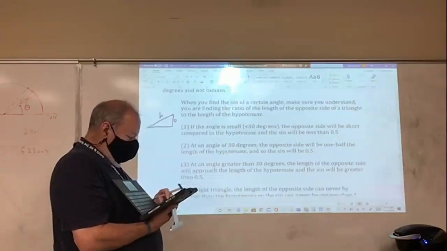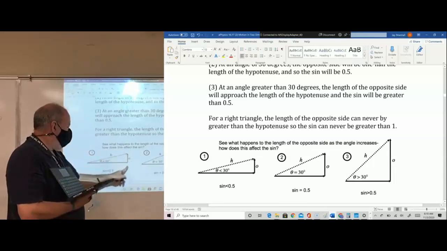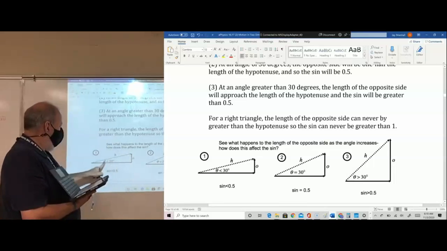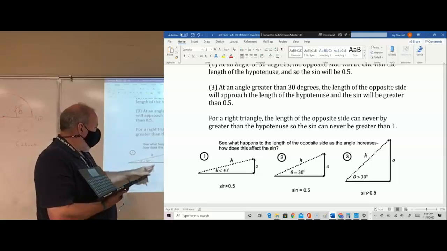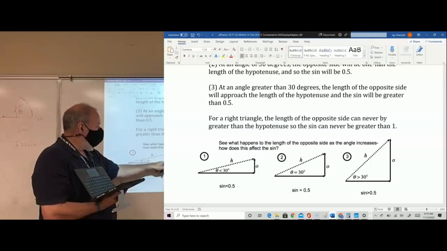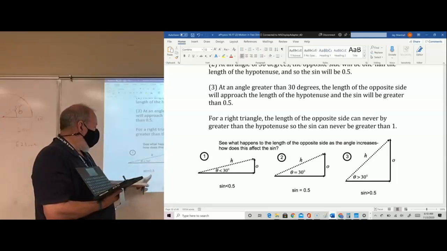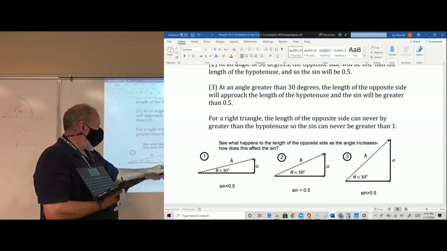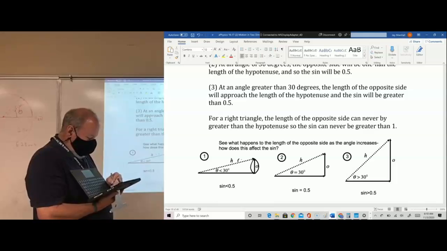Okay? And if I look down here at number 1, and if I say that the angle is small, look at the ratio of the opposite to the hypotenuse. It's going to be less than 1/2. This side is going to be less than 1/2 the length of this side.